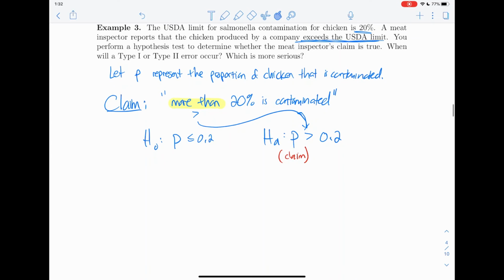So what we want to do here is ask ourselves what type 1 and type 2 errors look like.